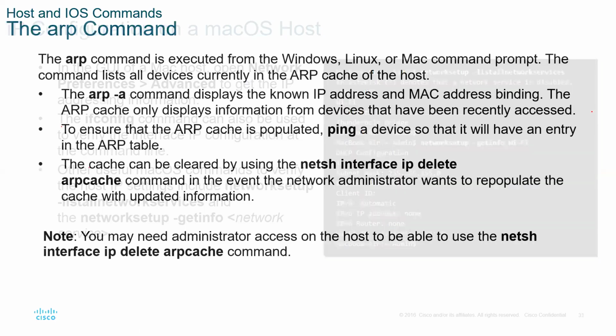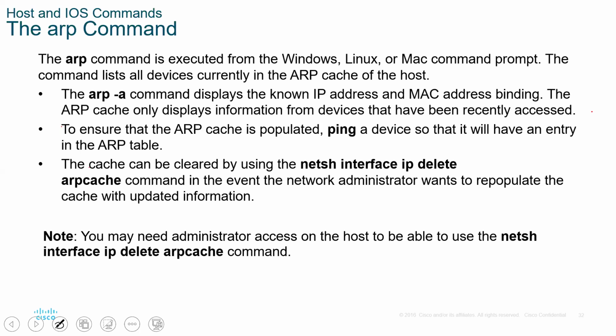How about the ARP, Address Resolution Protocol command? The ARP command is executed from the Windows, Linux, or Mac command prompt. The command lists all devices currently in the ARP cache of the host. The arp -a command displays the known IP address and MAC address bindings.